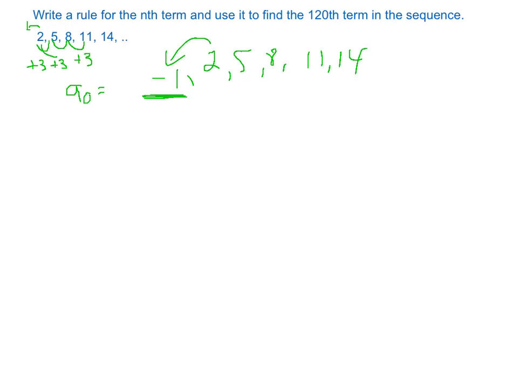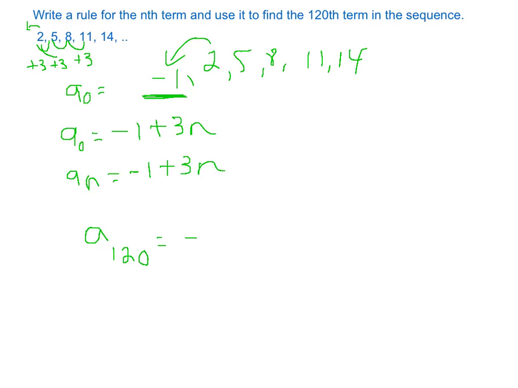So we know that our starting point is at negative 1, and each time it goes up by 3. So I'm going to call this a sub n, so negative 1 plus 3n. If I want to find the 120th term, wherever I see an n, I'm going to plug in 120.